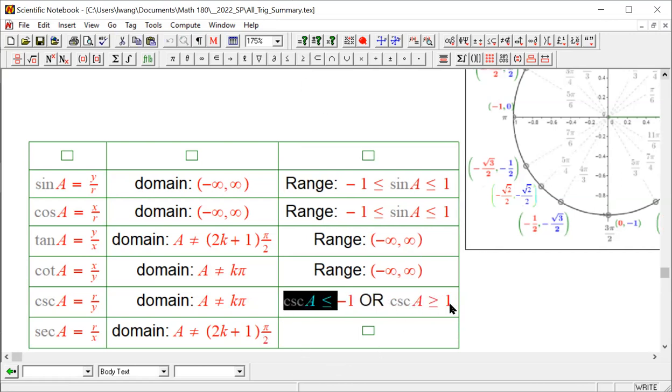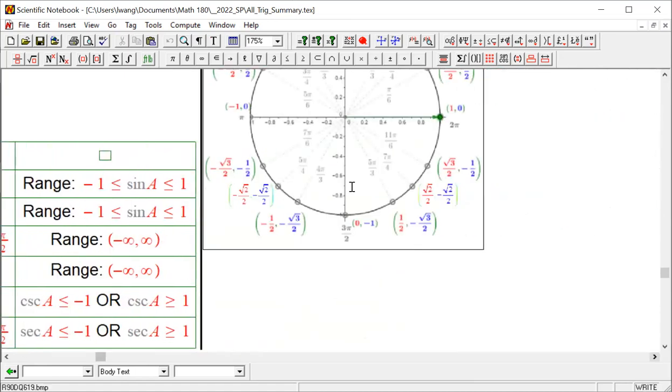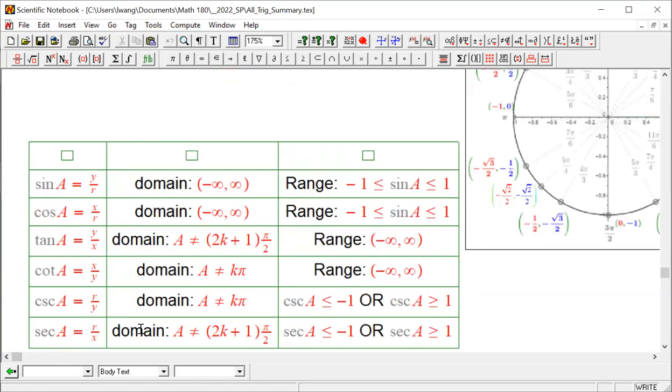And for secant, the analysis is the same. You just work with those red numbers. You recognize the absolute value of secant is at least 1.